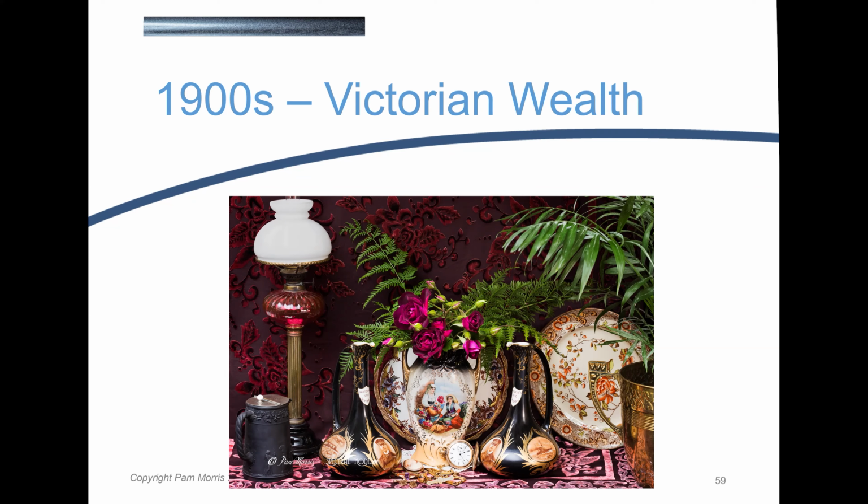So the social feeling of the Victorian exuberance was very much of wealth. And so the patterns and the colours they used, if you go into a heritage house that was decorated in the Victorian era, you see the overabundance of colour and pattern, because that was the feeling of the time.